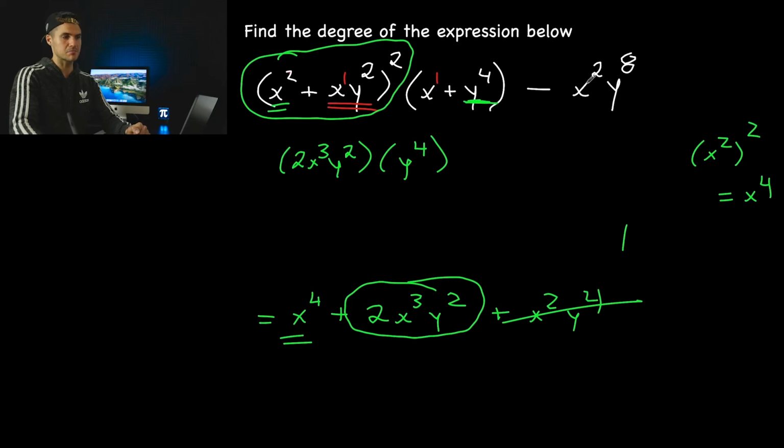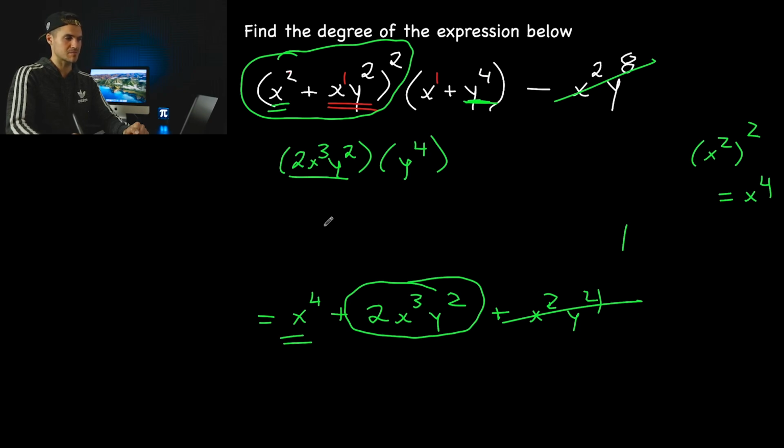And then again, this minus x squared y to the 8 is canceling out with this one, after we multiply it by the y to the 4, so we can ignore that one now. We already know the highest degree is not going to come from there. It's going to come from this first factor that's squared, that's the highest degree, multiplied by y to the 4, the highest degree from this one.